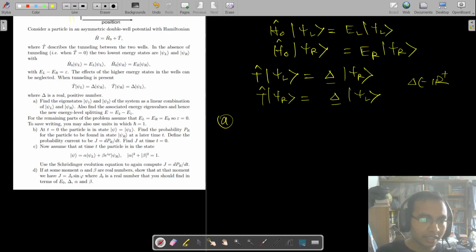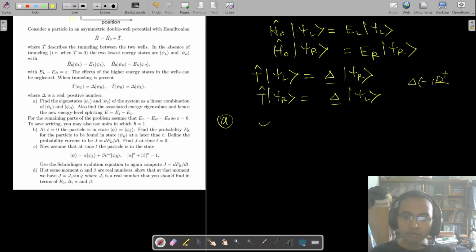In question A, we are told to find the eigenstates psi 1 and psi 2 of the system as a linear combination of psi L and psi R. We are also told to find the associated energy eigenvalues and the difference between the two eigenvalues.